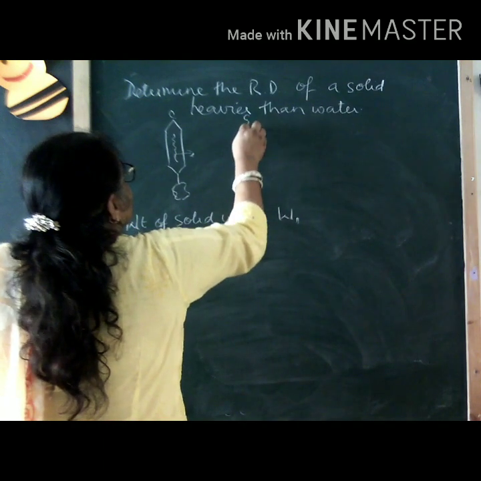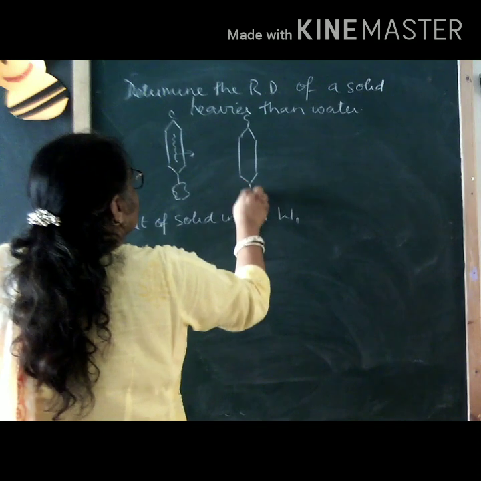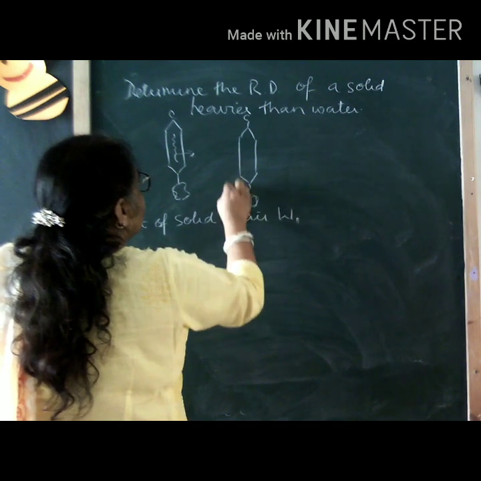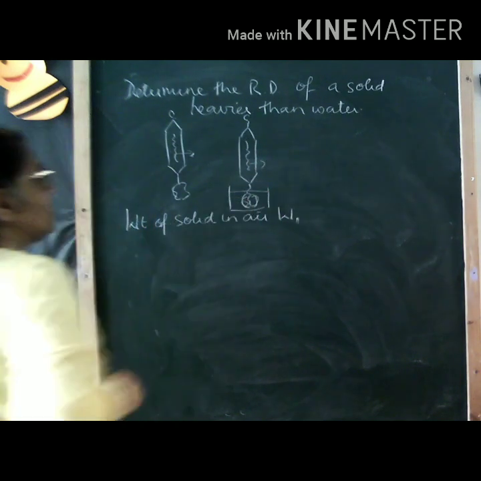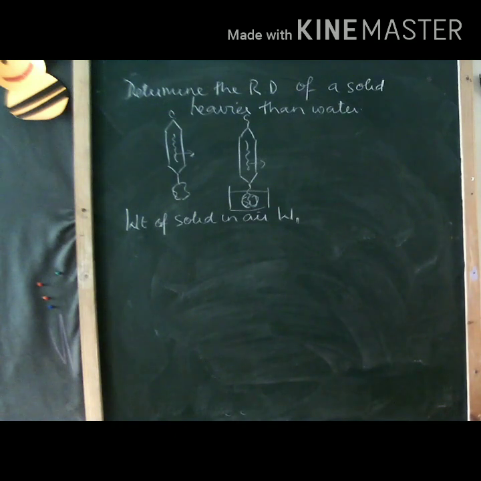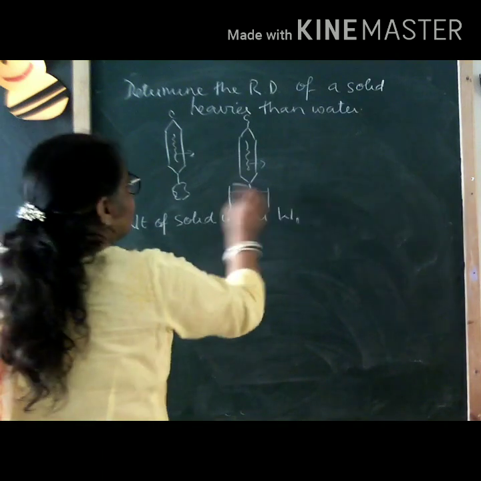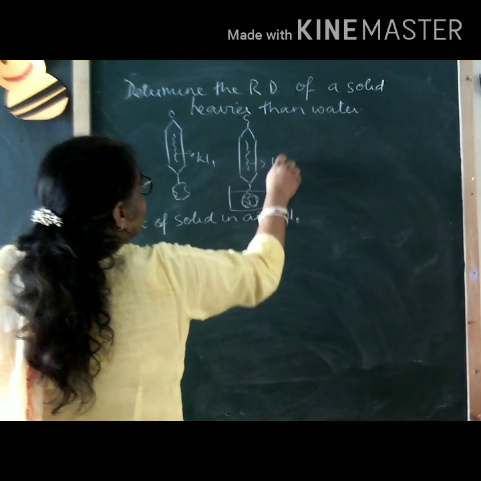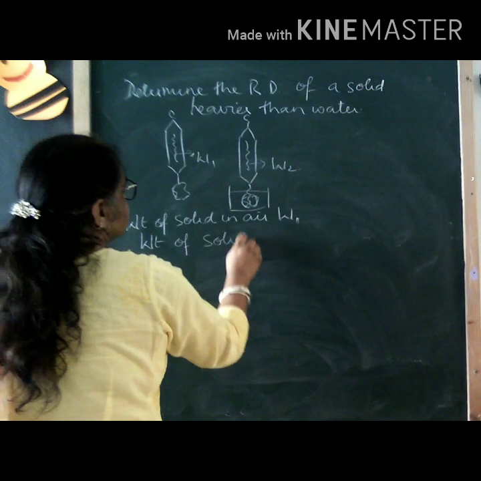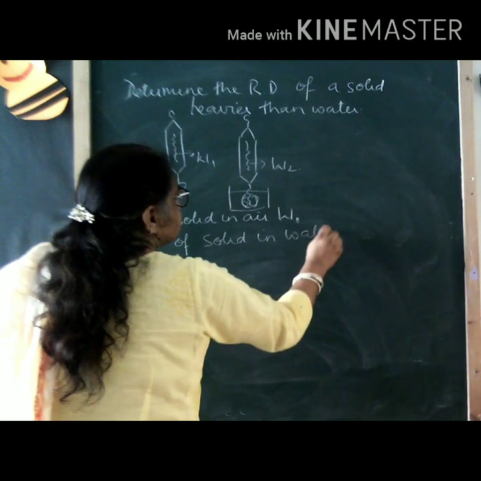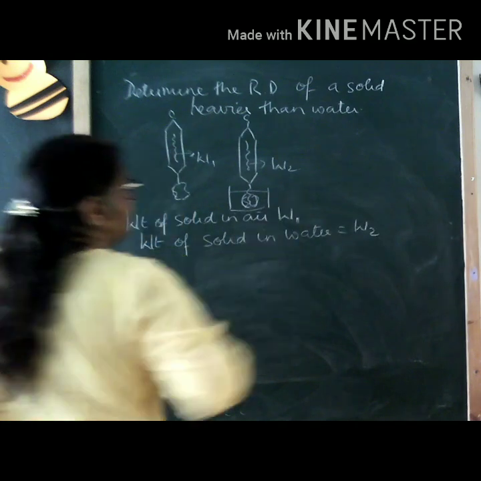Then I will take a beaker containing water, and now I will immerse the solid in the water. Now what will I get? I will get the weight of the solid in water, which obviously will be lesser, because you know there will be an upthrust acting. So my first reading I got as W1, here I get W2. So I get weight of solid in water, and this is equal to W2.